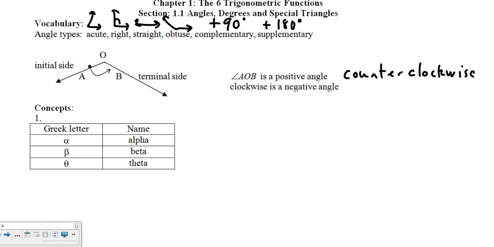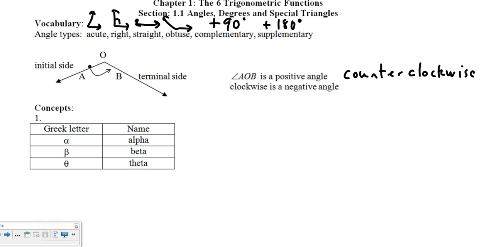So you have positive and negative angles depending upon which way your angle is going. You know also that this is an initial side and OB would be the terminal side. So we have names of the starting ray and the finishing ray.